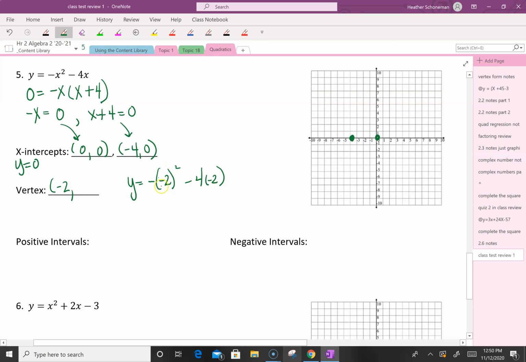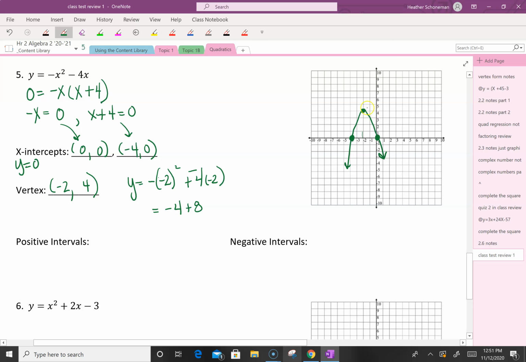So in this, first you have to square the negative 2, which is positive 4, and then add the negative. So I get negative 4 plus 8, which is 4. So my point is negative 2, 4. And then it opens down.